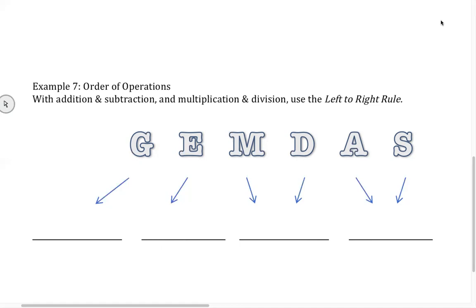So the G, anybody want to take a guess at what G stands for? Liam? Grouping. E stands for exponents. Multiplication. Thank you.